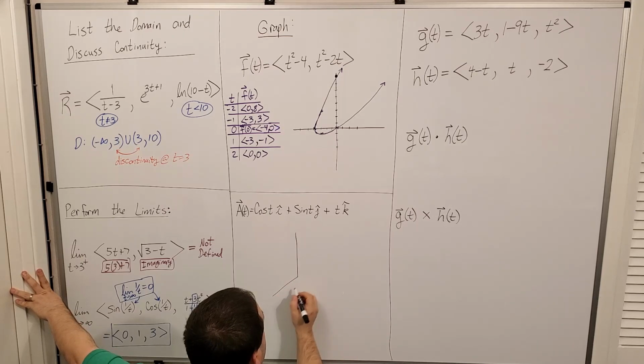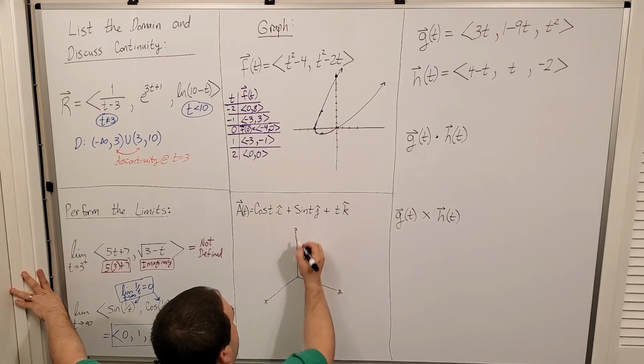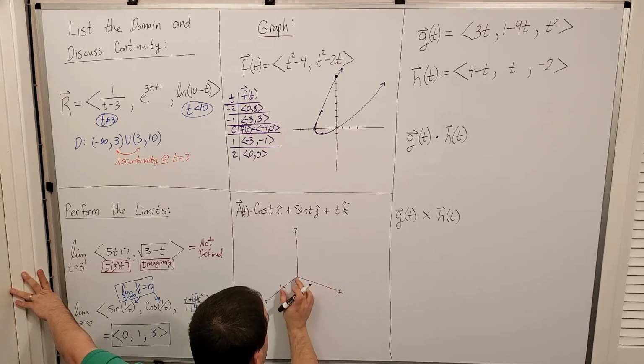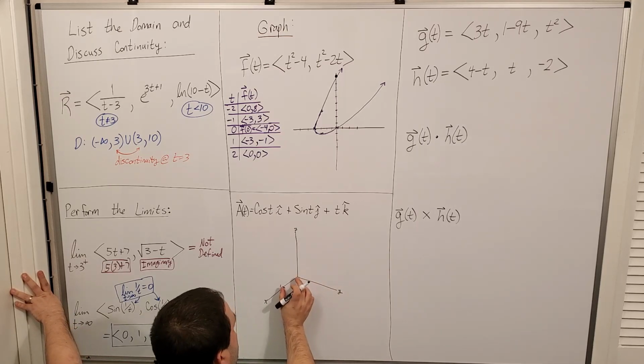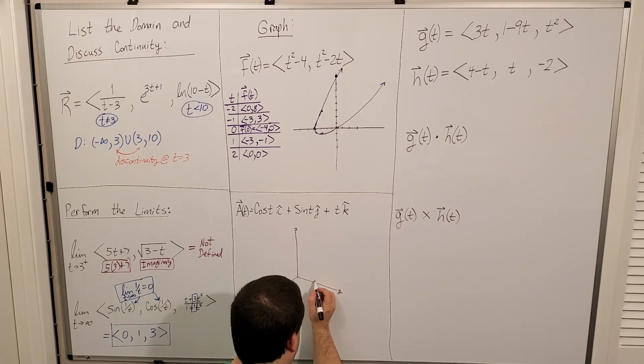Here's my x-axis. And here's my y-axis. Right? Okay. Let's say this is x equals 1. Let's say that same distance here can be y equals 1.